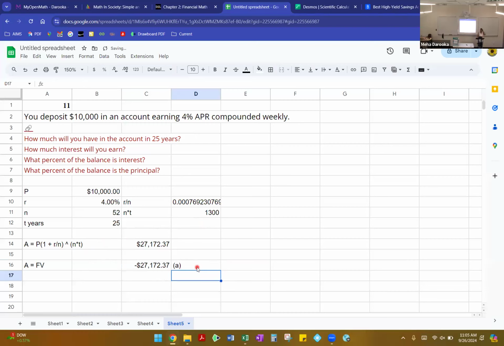Okay, so for part B, they want to know how much interest will you earn? So how much interest have we earned with this earning deposit here? Can you give me a dollar amount?